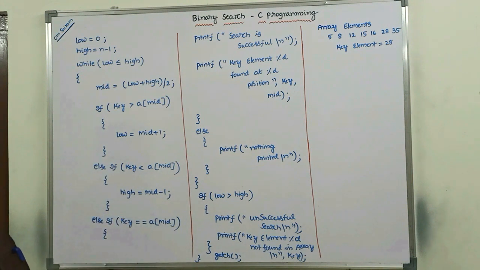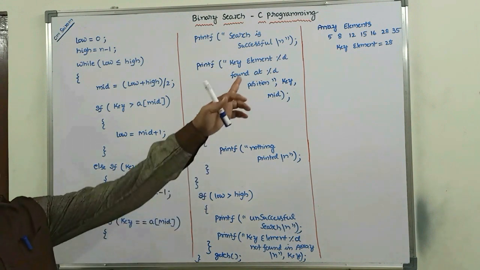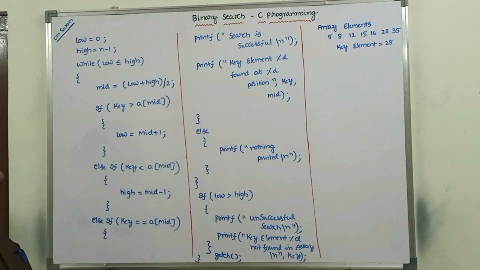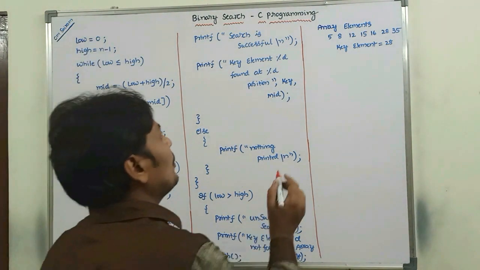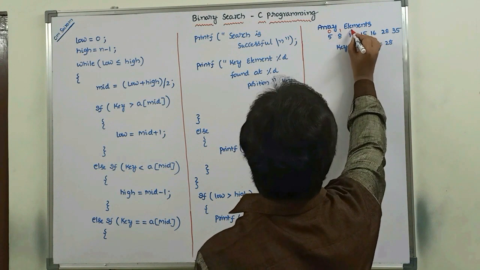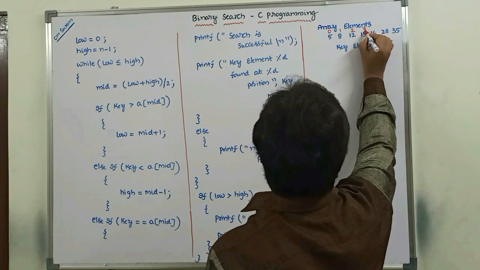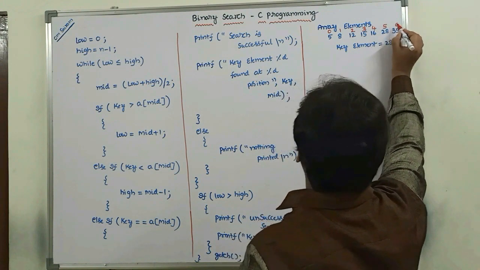Now we have to find out by using this logic whether key element 28 is found in the given array or not. We have to trace the logic also. First, low is equal to 0. Here this is 0 position, 1 position, 2 position, 3 position, 4th position, 5th position and 6th position.